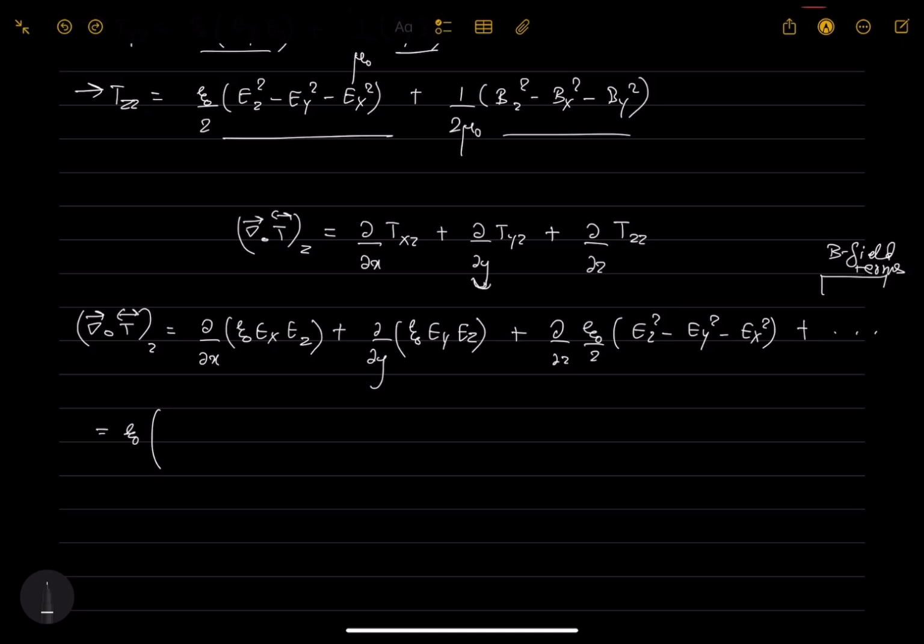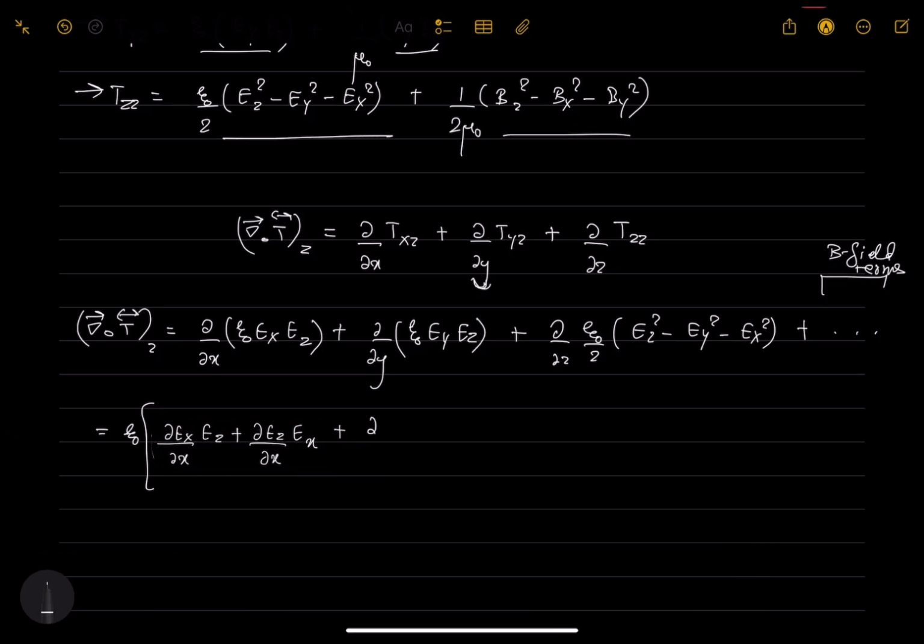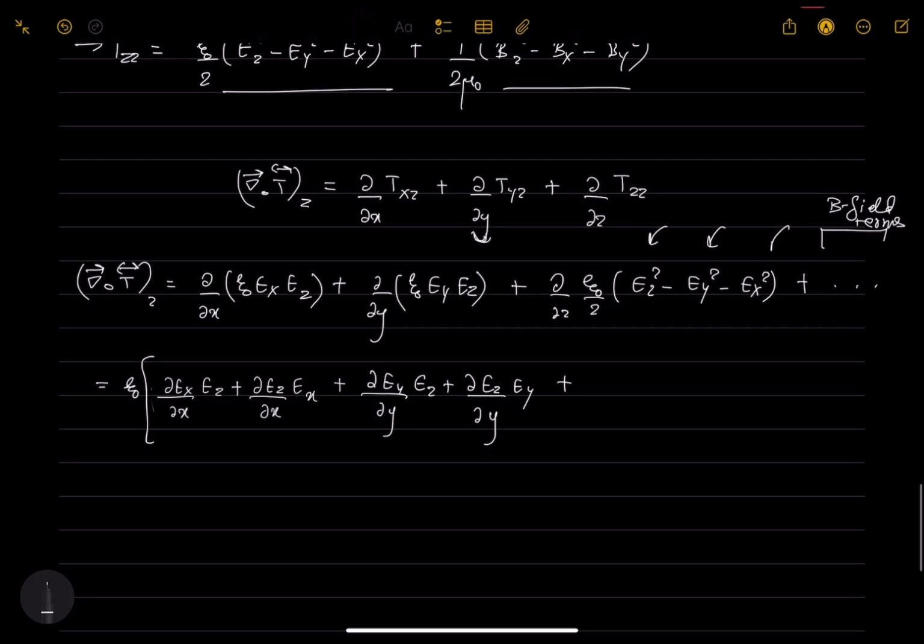We factor out the permittivity and use a mixture of chain rule and product rule for the first term: dEx/dx times Ez plus dEz/dx times Ex, plus dEy/dy Ez plus dEz/dy Ey, plus... I'm going to evaluate these directly, having applied the chain rule.